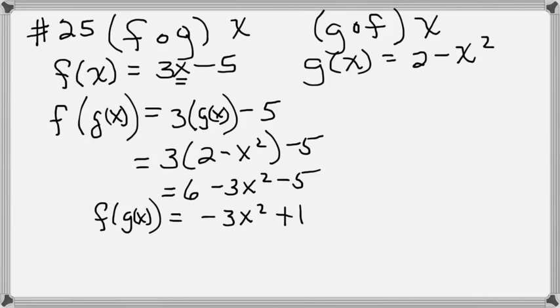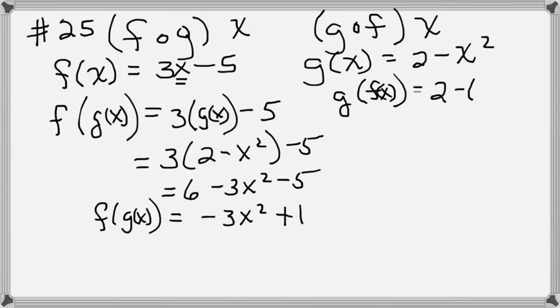Alright, now let's look at the other side of this. Let's see if we can get it all on one page here. Let's do g of f of x. Notice I'm going to get my function for g, 2 minus, and this is important.